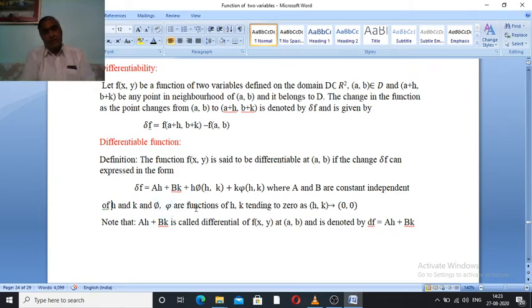Phi and psi are functions of h, k tending to 0 as (h,k) tends to (0,0).